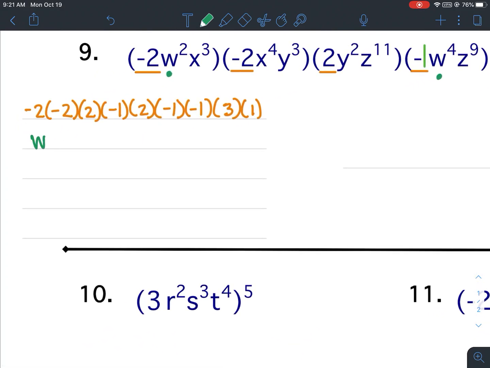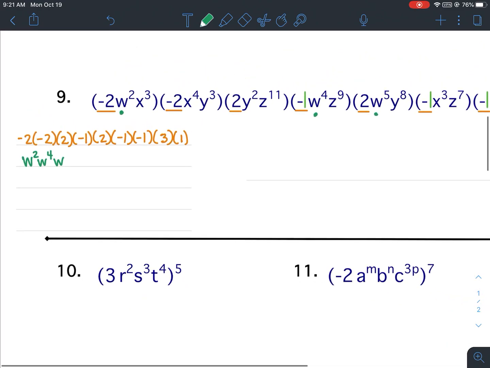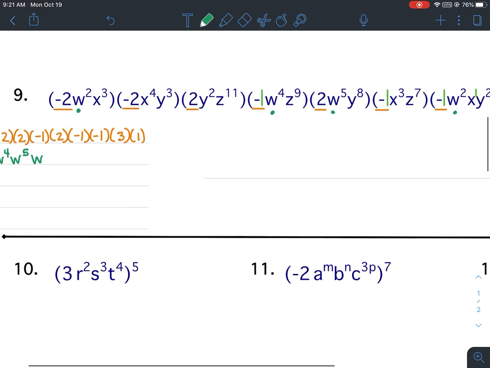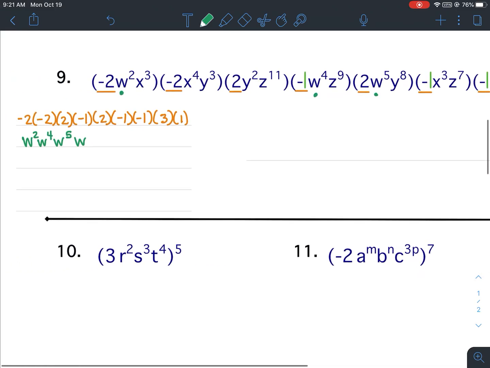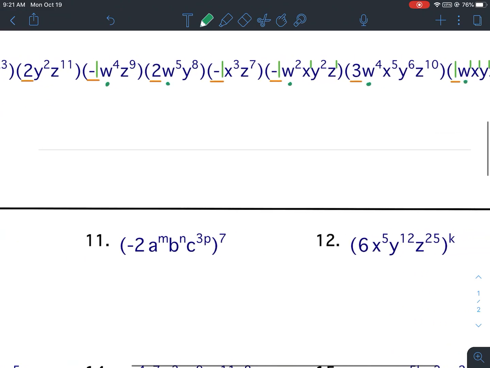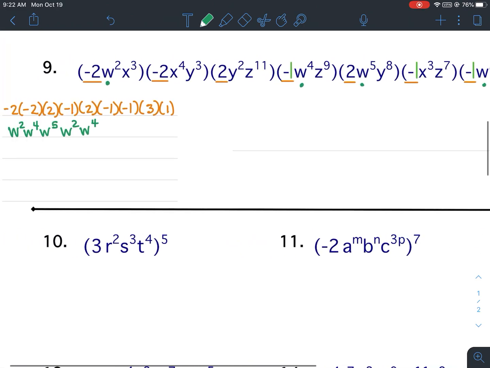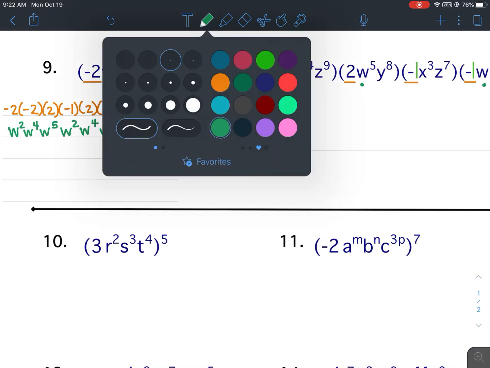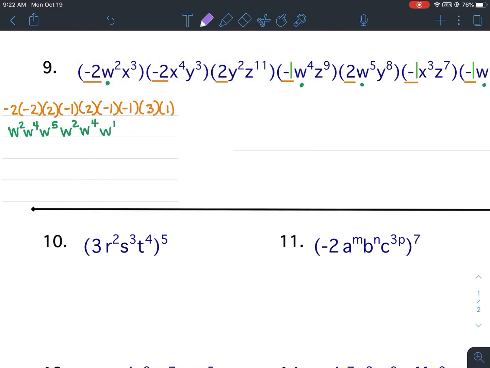So W squared, W to the 4th, W to the 5th, W squared, W to the 4th, and W to the 1st. Now my X terms.